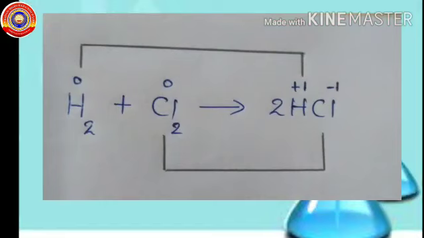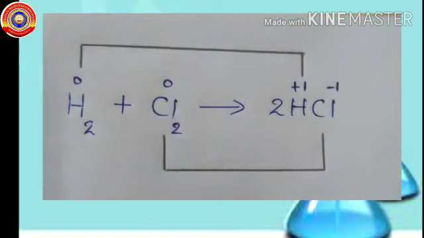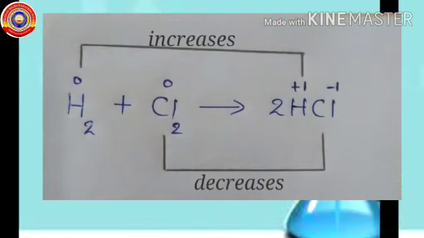In this reaction, does the oxidation number of hydrogen increase or decrease? What change takes place in the oxidation number of chlorine? From this equation, it is clear that the oxidation number of hydrogen increases, whereas the oxidation number of chlorine decreases.